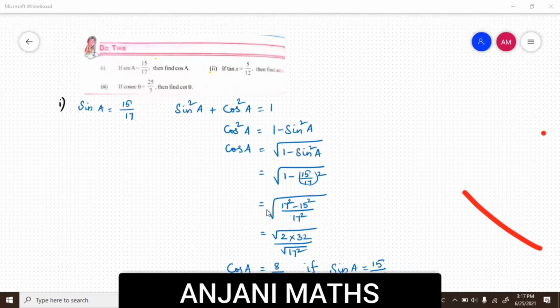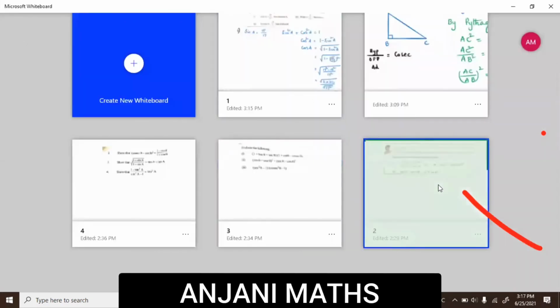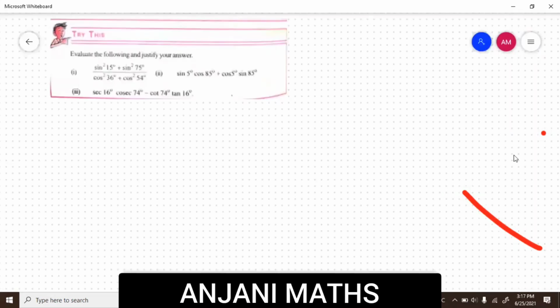So let us move to the next problem. Let me mute all of you. Let us move to the next one. Second problem: sin square 15 plus sin square 75, divided by cos square 36 plus cos square 54.